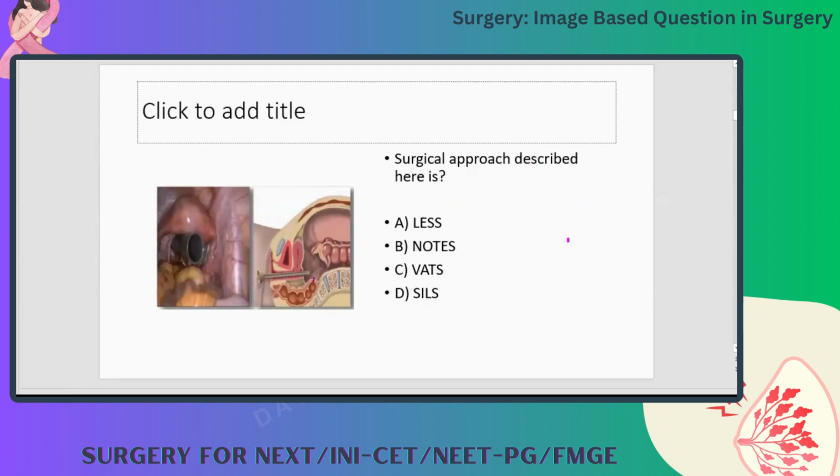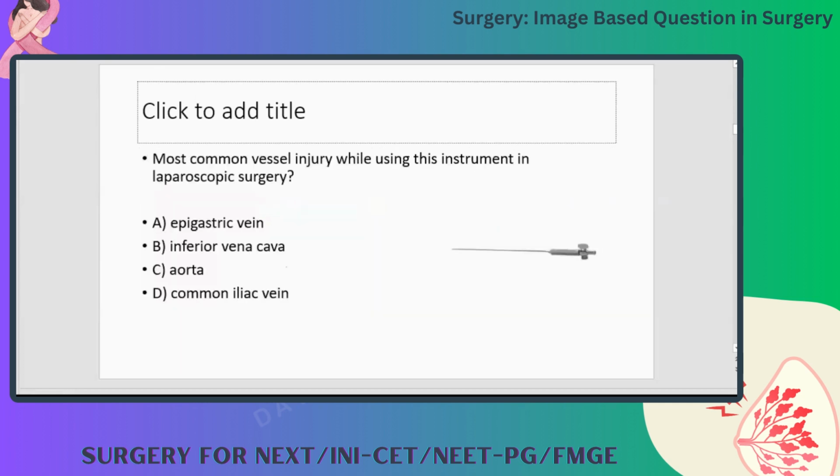And LESS, LESS is laparoendoscopic single site surgery. There is a single incision only.